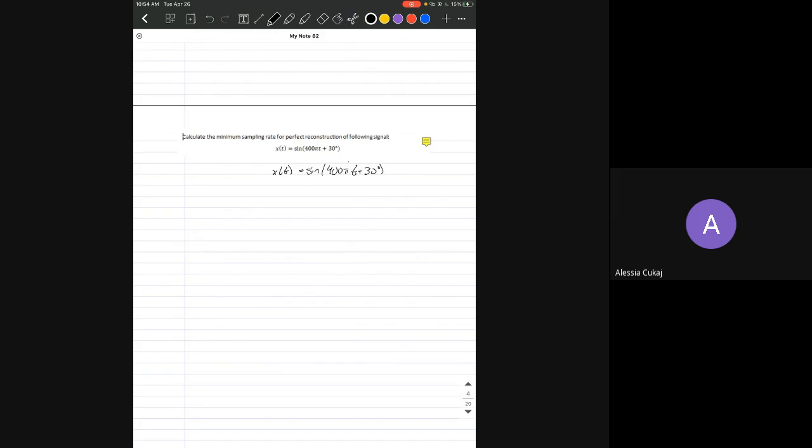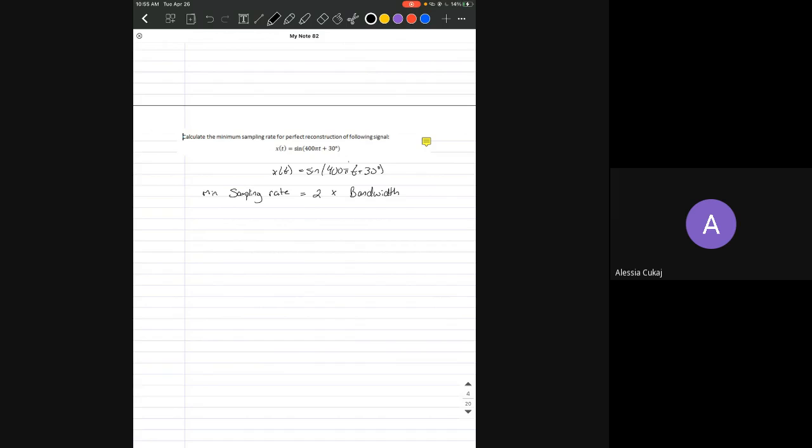In order to find the minimum sampling rate, the formula is 2 multiplied by the bandwidth.